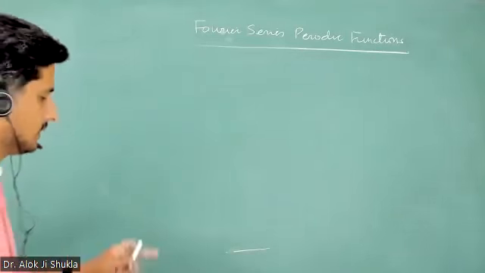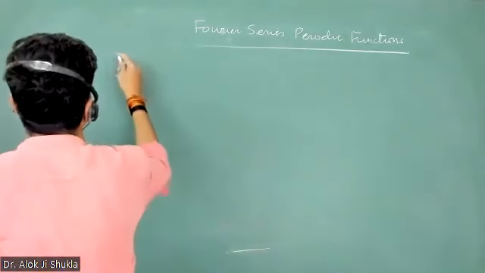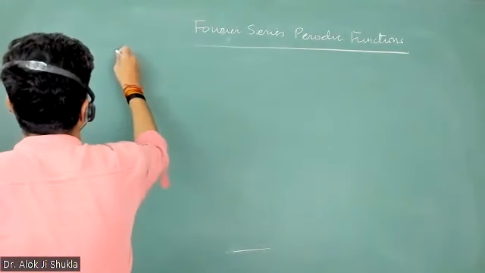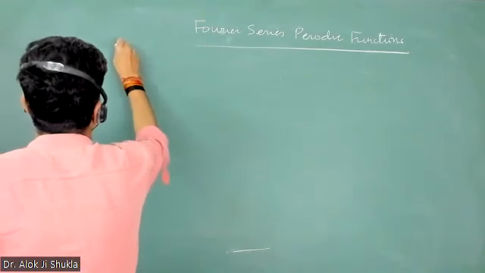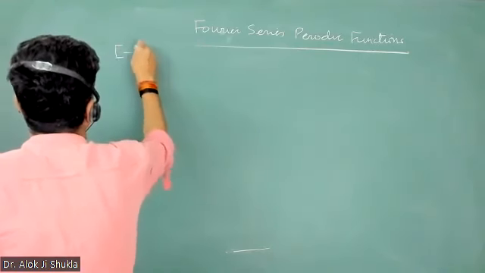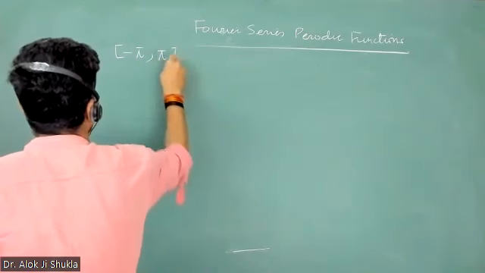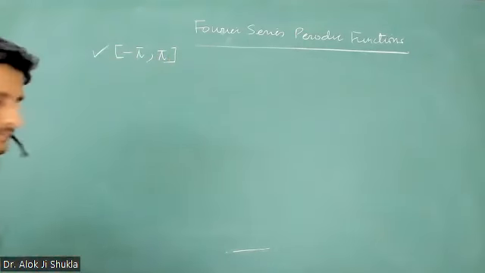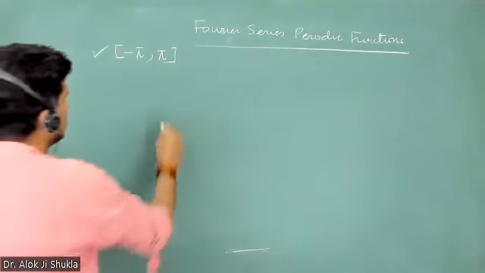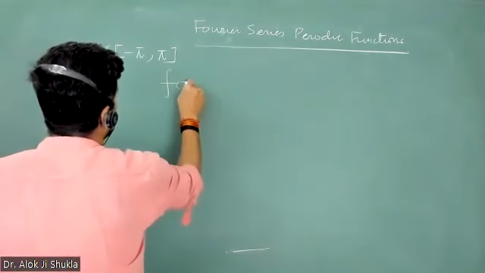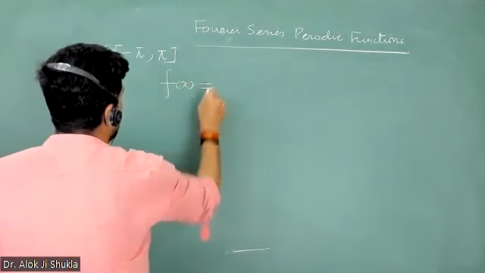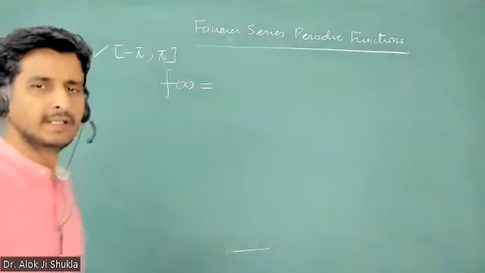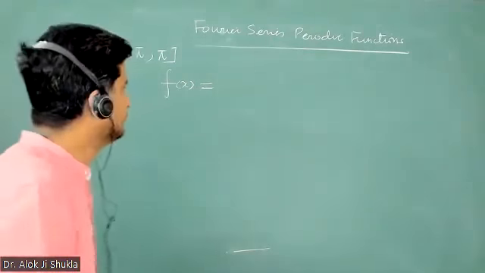Now I am writing the full series for minus pi to pi. Then I will write it for minus L to L. Okay. Full series. So function fx, as I told you, it will be written in the form of sine and cosine.